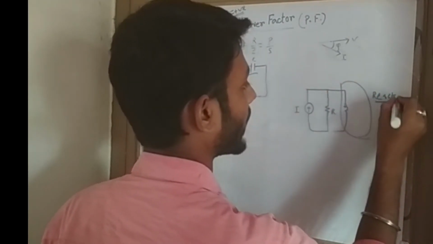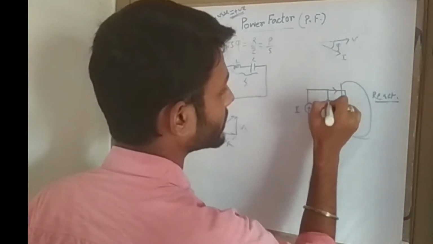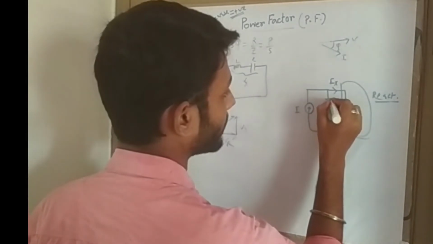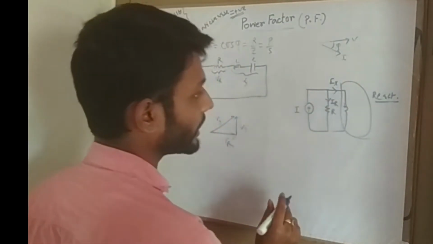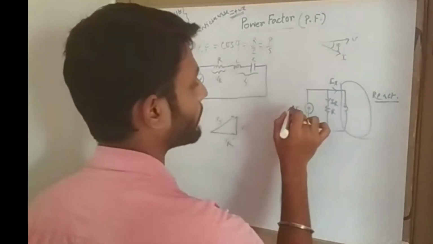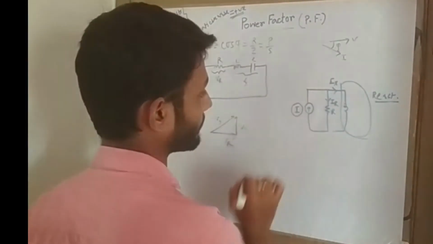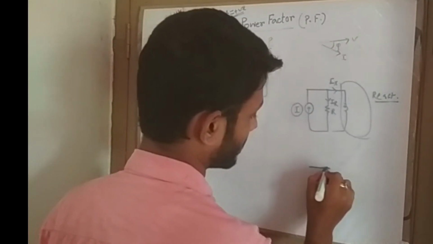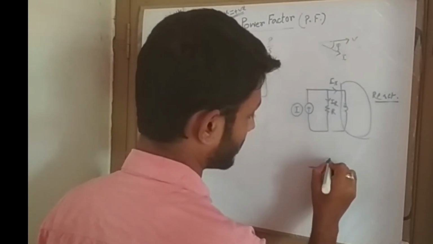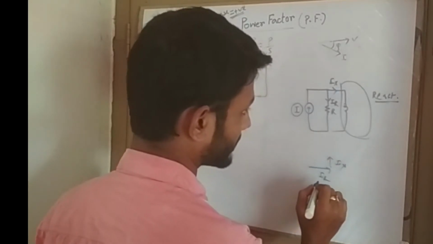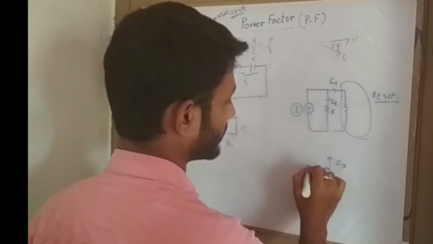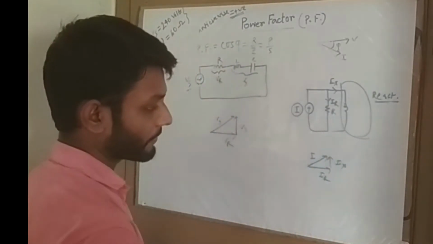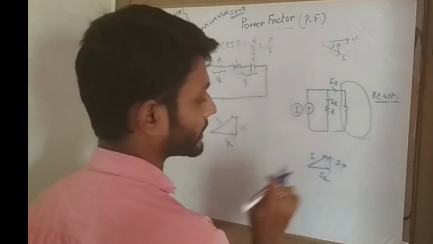And this reactive part is consuming the current Ix, this resistive part consuming current IR, and the overall current being supplied by this source is I. For this, the current triangle will be, if this is IR, this is Ix, then the resultant will be the total current I. Here also I equal to root over of IR square plus Ix square.